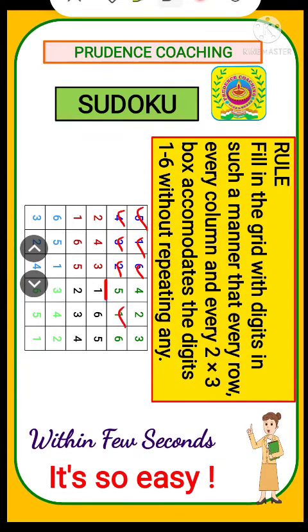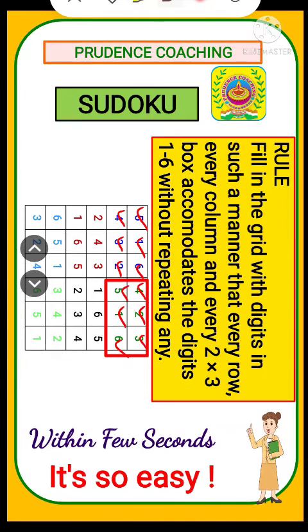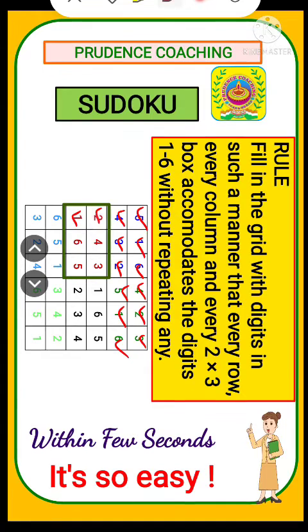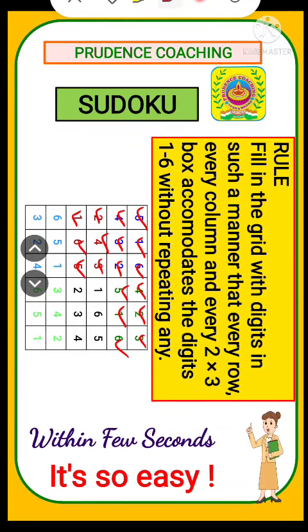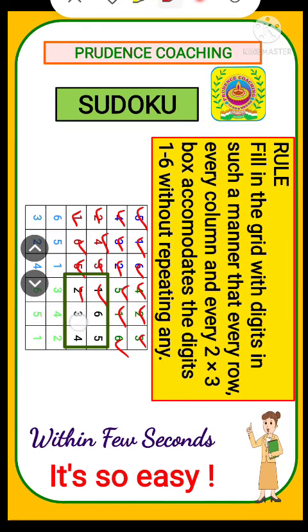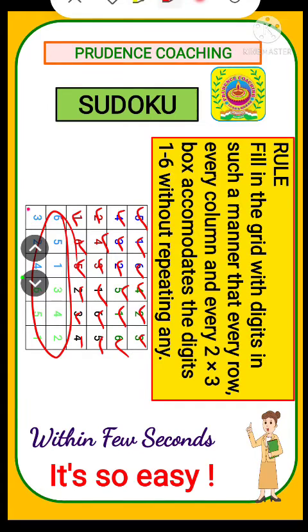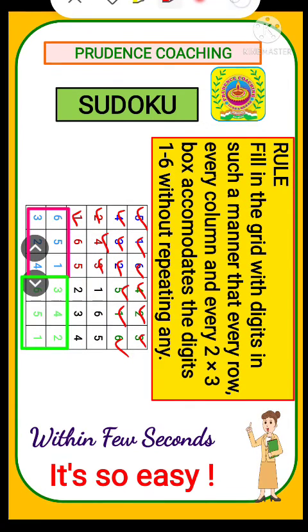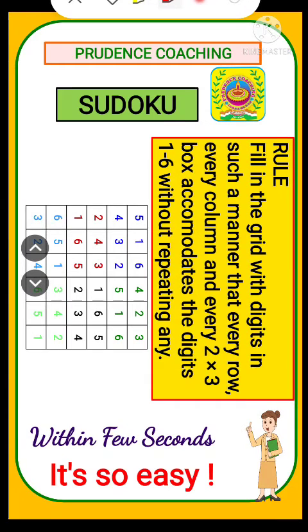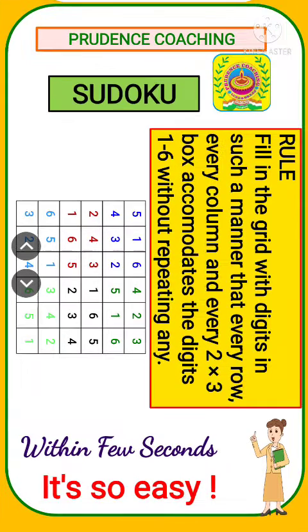Here also 1, 2, 3, 4, 5, 6, no repetition. Similarly, in the remaining boxes we don't have any repetition. So this is the rule behind the game, that is Sudoku. You need to remember this and you need to solve it.